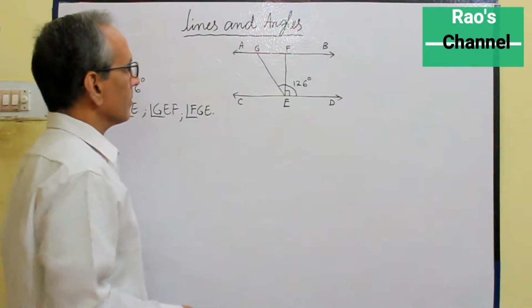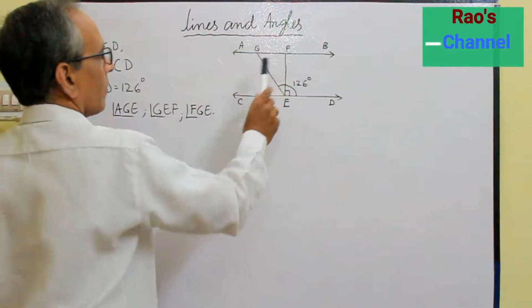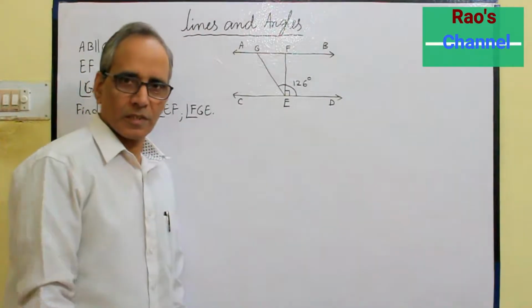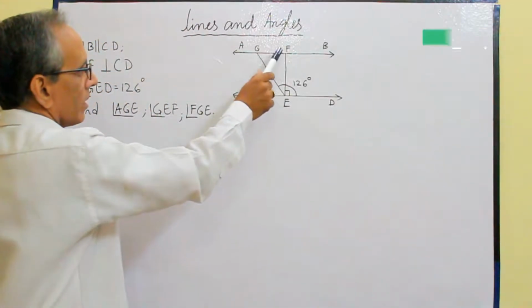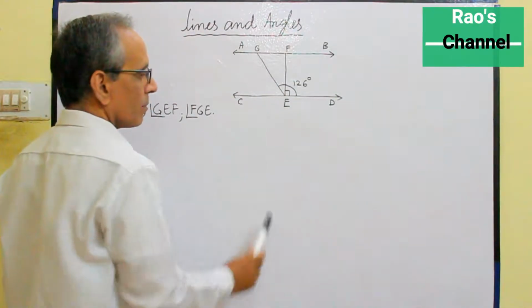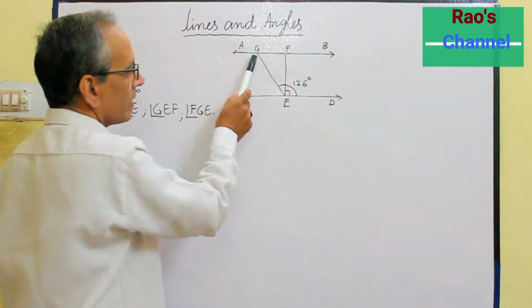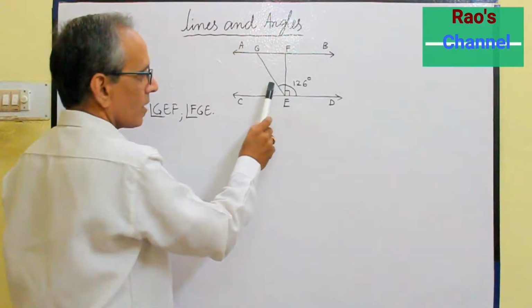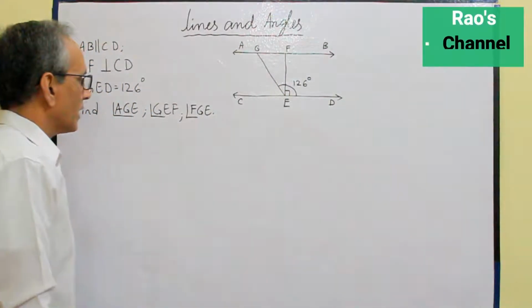In this question, you have a pair of parallel lines, and FE is perpendicular to CD. You see the angle marked here, angle GED is equal to 126 degrees. What do we have to find out here?